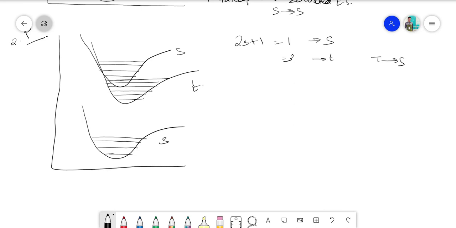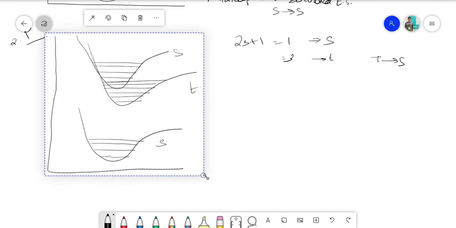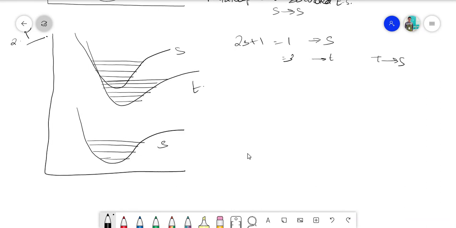So there is a vertical transition. Let's say there is a vertical transition from the lowest ground state to the excited state, and this is a transition that is occurring.